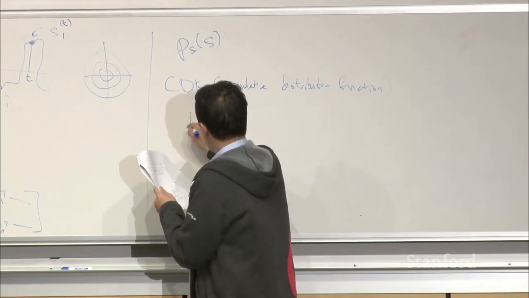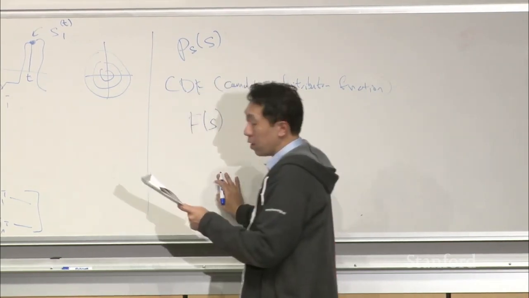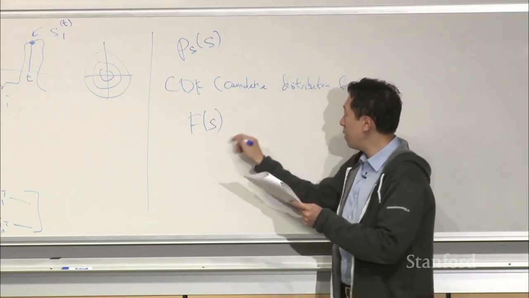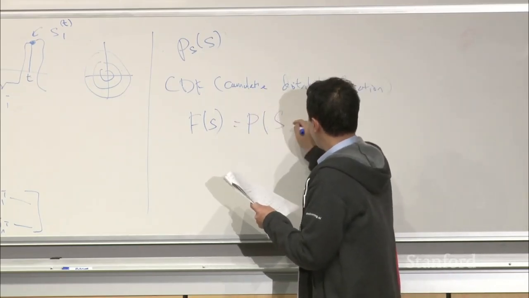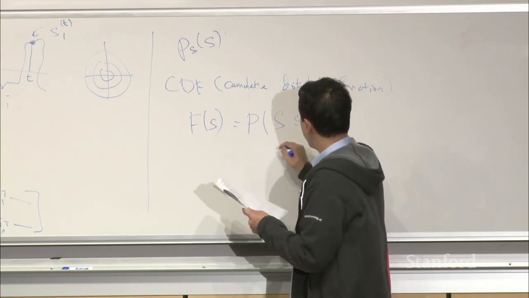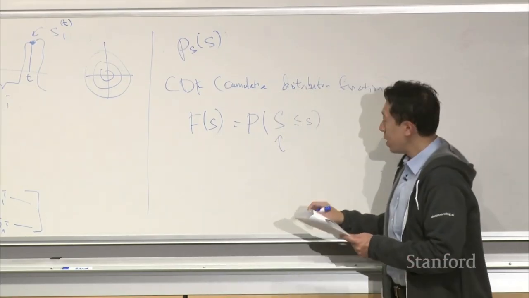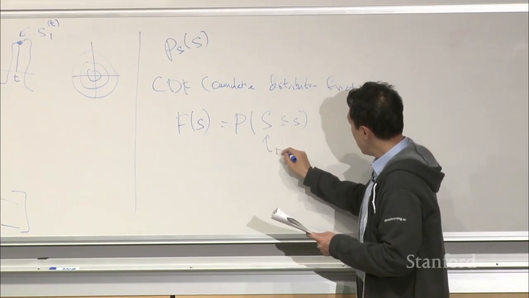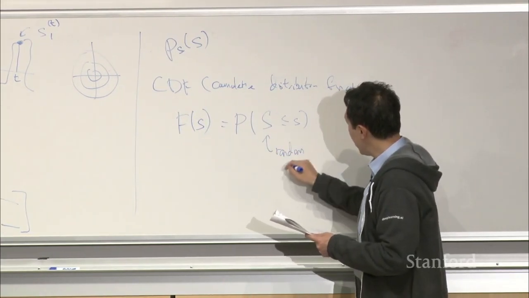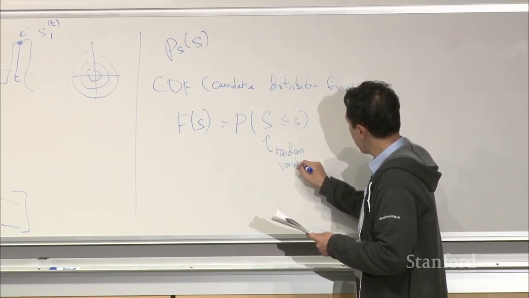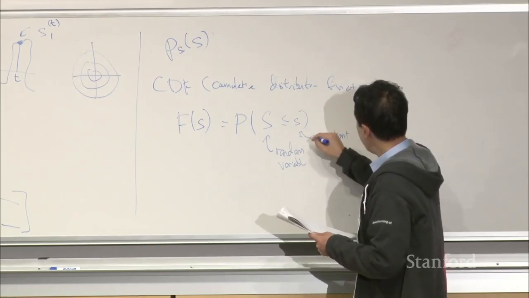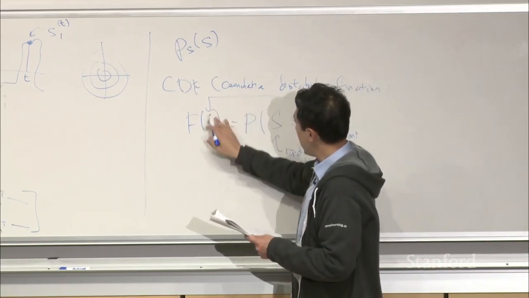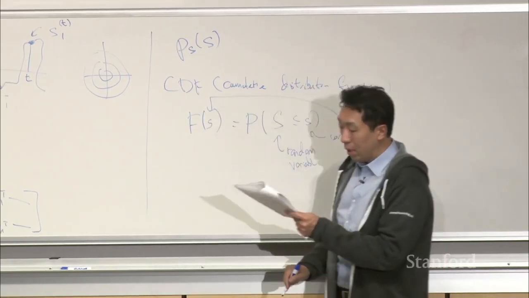And the cumulative distribution function of a random variable, F of s, in probability is defined as the chance that the random variable is less than that value. So I guess notation has been inconsistent, sorry, but this is capital S I'm using to denote the random variable, and this is some constant, right? And that same constant is lowercase s, okay?